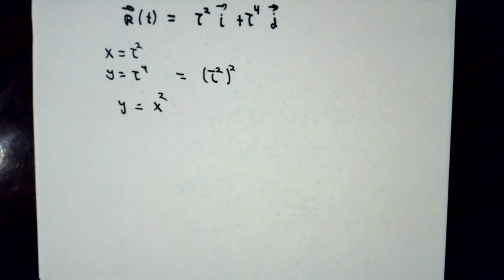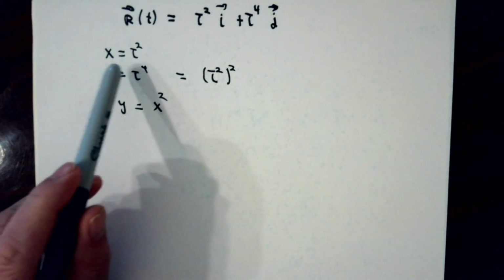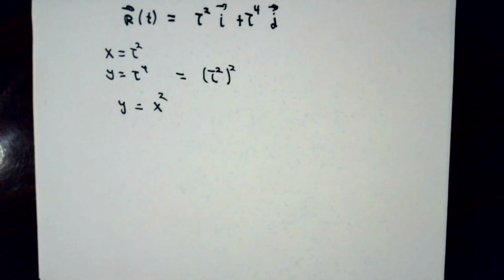In the vector-valued function r of t equals t squared i plus t to the fourth power j, it is true that the y-coordinate is the square of the x-coordinate, but if you look at the equation that tells me x, x is the square of a real number, so x can't be negative.